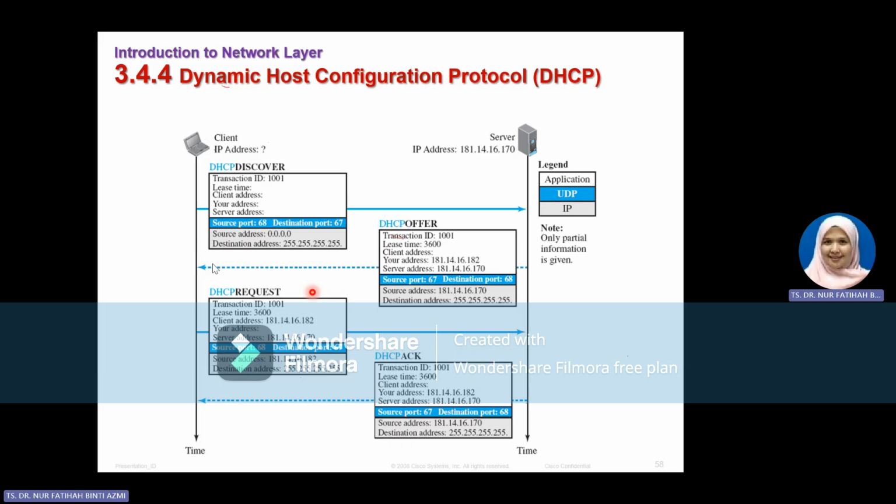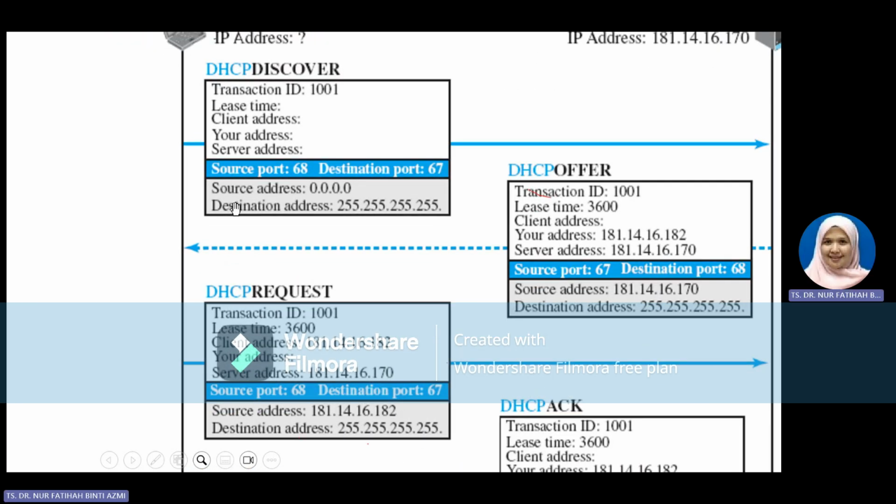So you can see here, source port 68 and destination port 67. Because it doesn't have an address yet, it will shout out to everyone. For example, the destination address is this, using the port number 68.